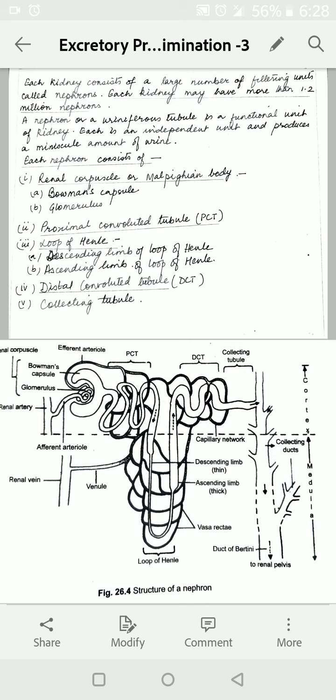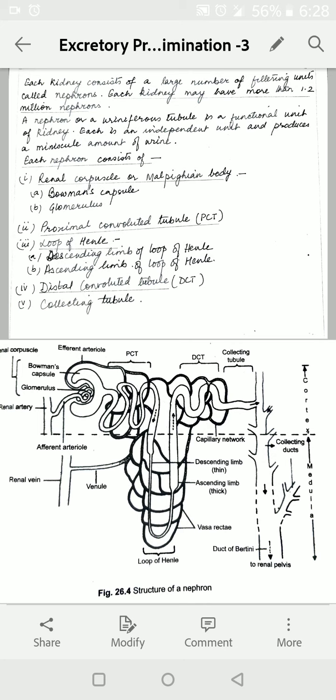Because the blood vessel that leaves the glomerulus is called efferent arteriole, whereas the branch of renal artery which forms the glomerulus is afferent arteriole.